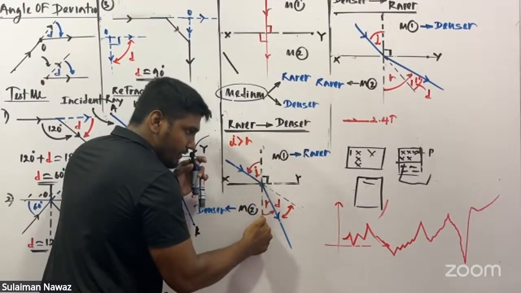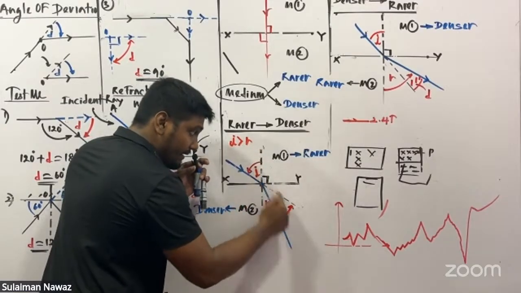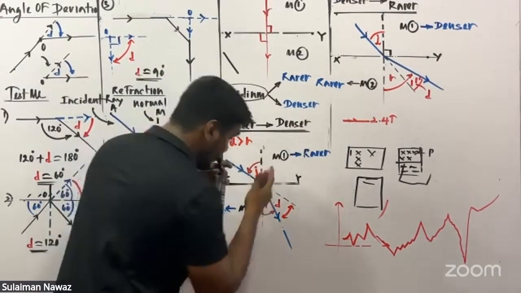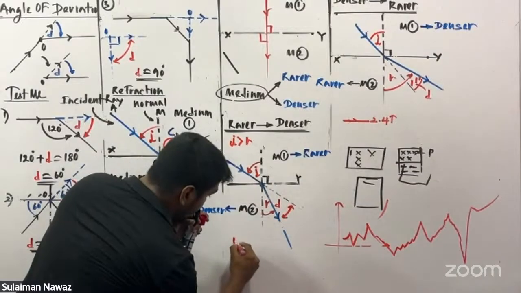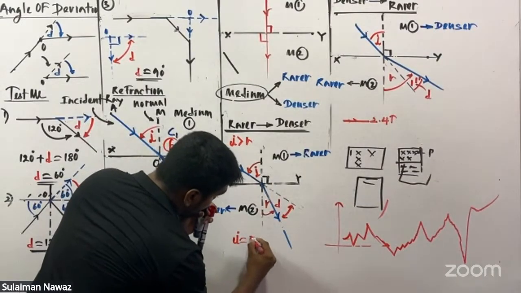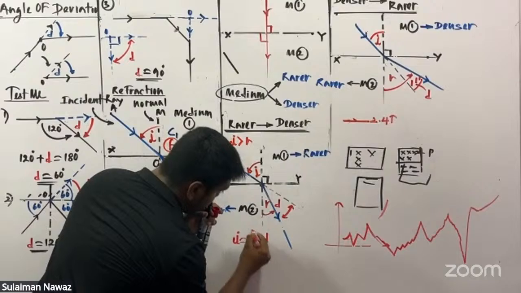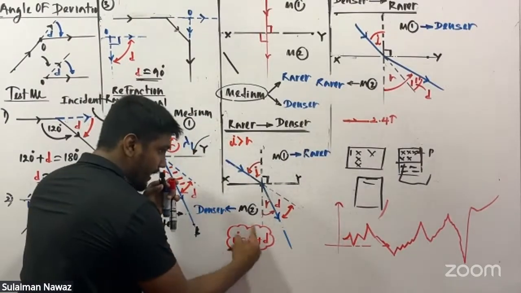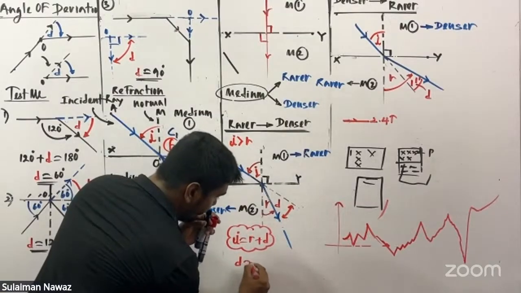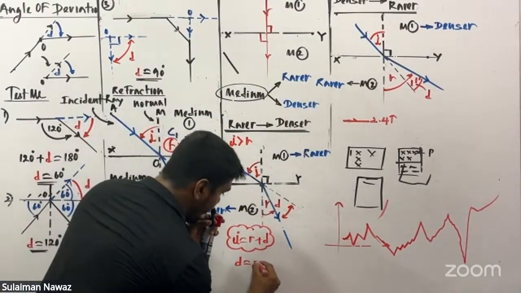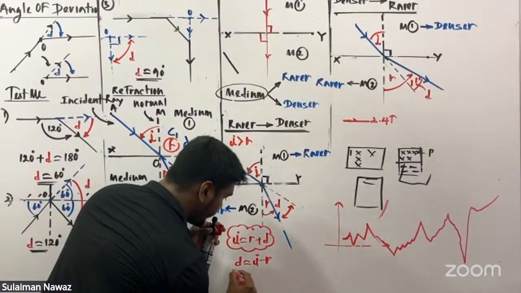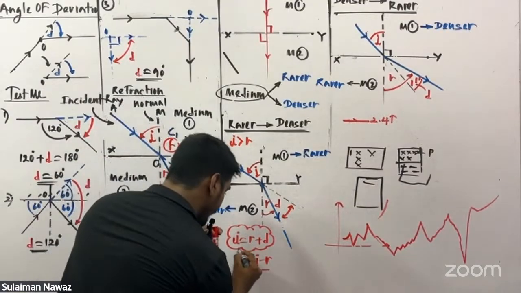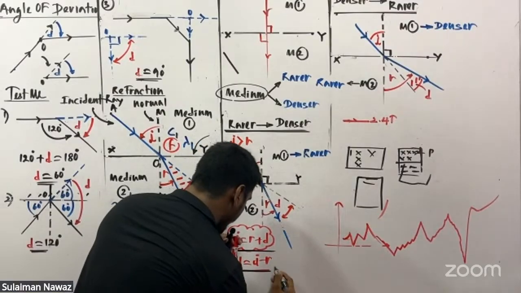Remember, I means R plus D. Am I correct? Important. Incident angle is equal to R plus D. Then from that, if they ask you in the exam, angle of deviation, that is equal to what? I minus R. Important, you mark it.